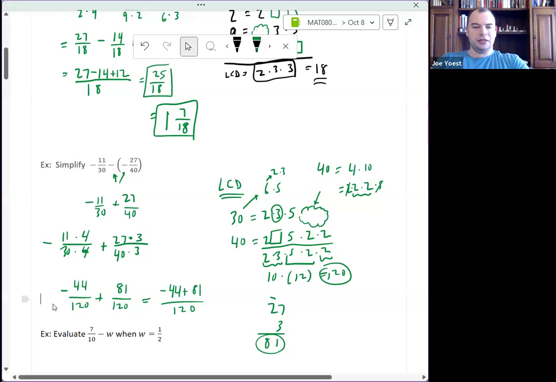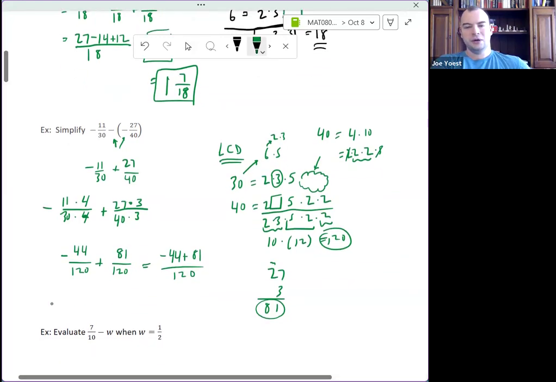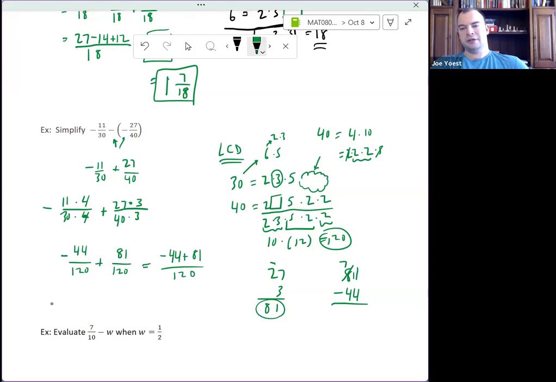Negative 44 plus 81 over 120, or this is just 81 minus 44 over 120. 11 minus 4 is 7, 7 minus 4 is 3, so 37. That looks good. So we have 37 over 120.